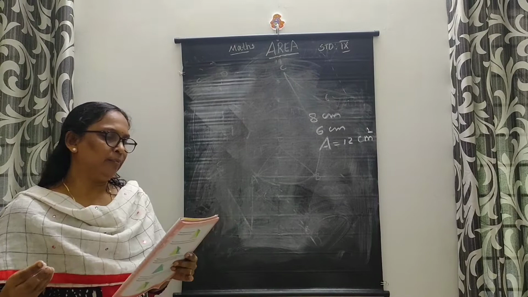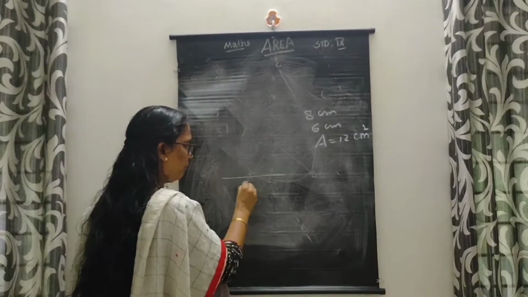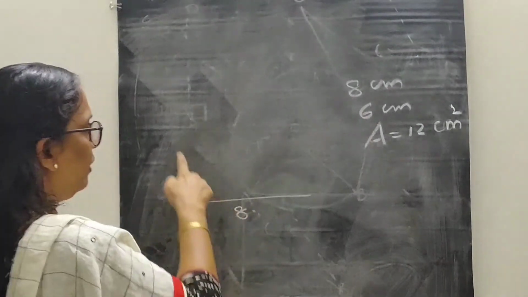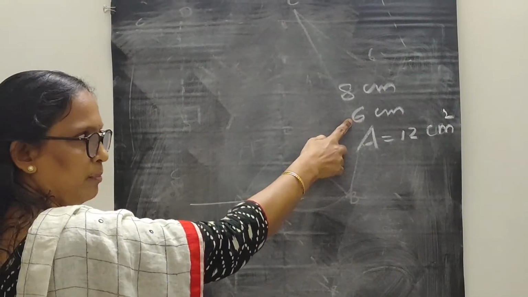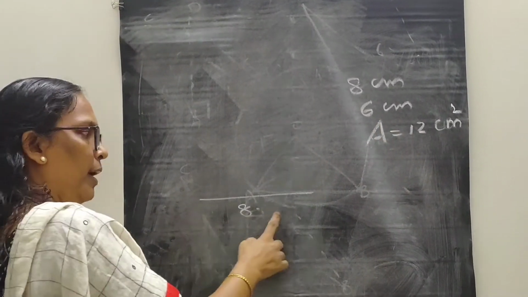So if we take the base as 8 centimeter and if we take one more side, it is given as 6 centimeter.